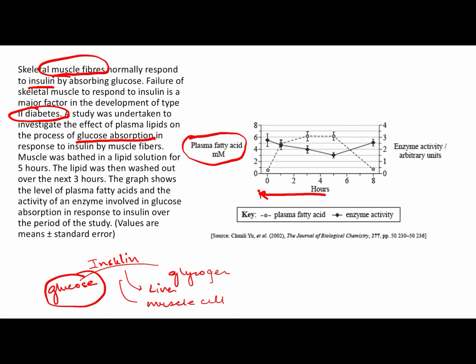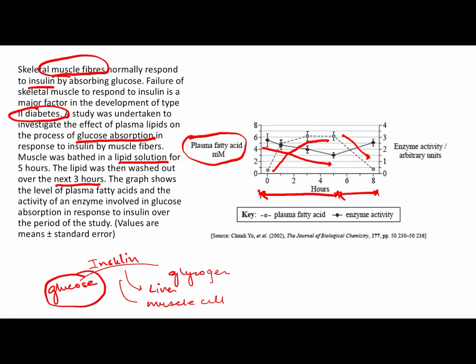They are put for the first 5 hours in the lipid solution, and then for the next 3 hours they were washed out. You can see in the graph the plasma fatty acid amount is increasing for the first 5 hours when it is bathed, and then it is decreasing when it is washed out.